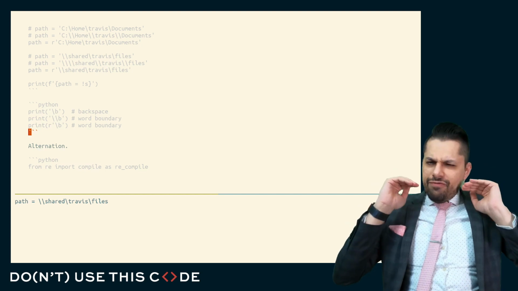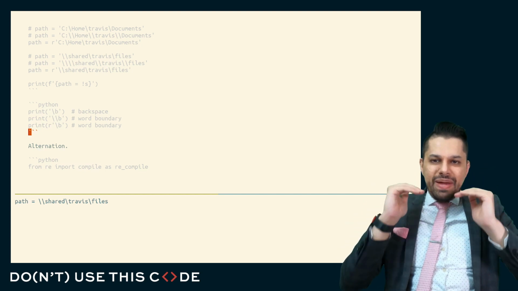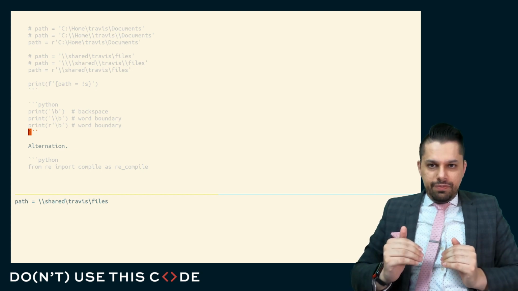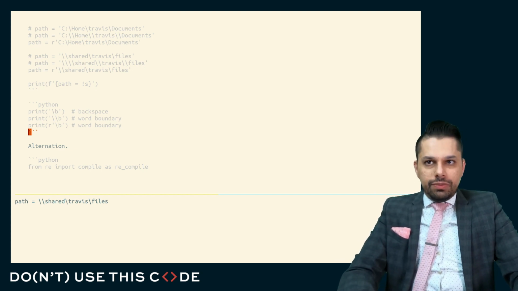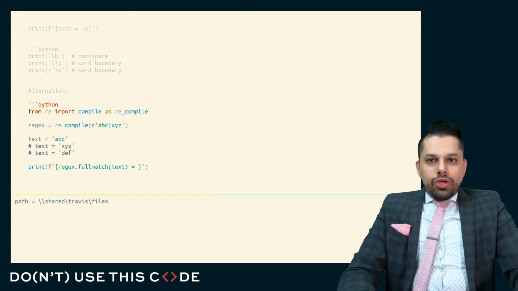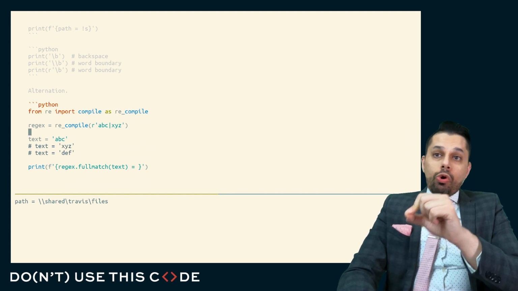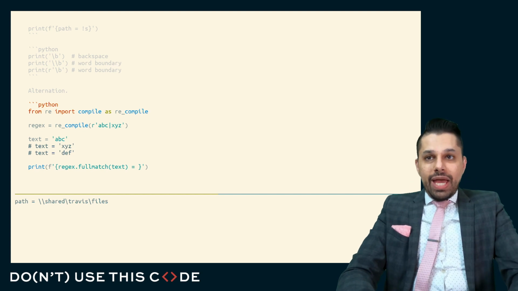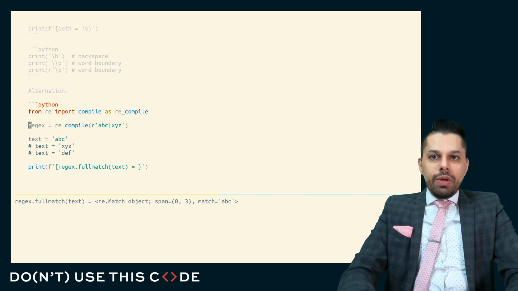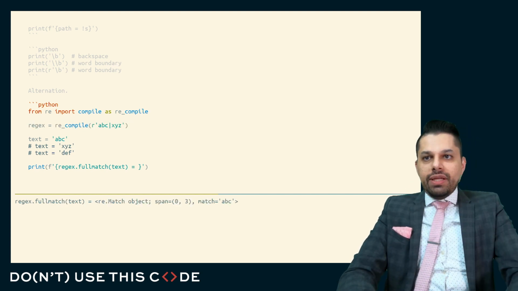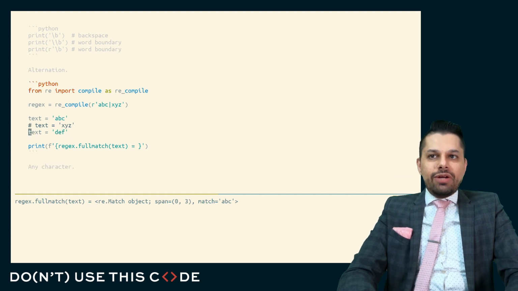Now, having seen some of the core mechanics of how I'm going to set everything up, why don't we take a very quick look at all of the basic syntax of regular expressions. We'll start with alternation. Sometimes you don't want to match one exact thing. You want to match one thing or something else. Here, I want to match ABC or XYZ. So let me run this. It matched ABC. Great. Let me switch my text out to DEF.